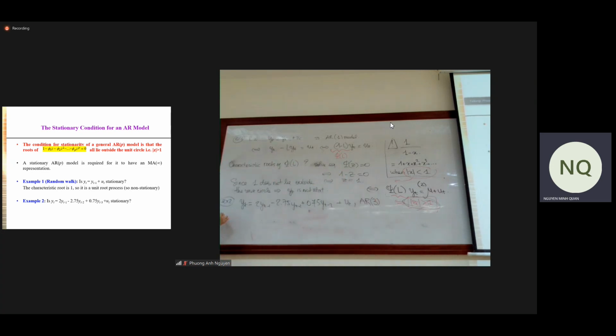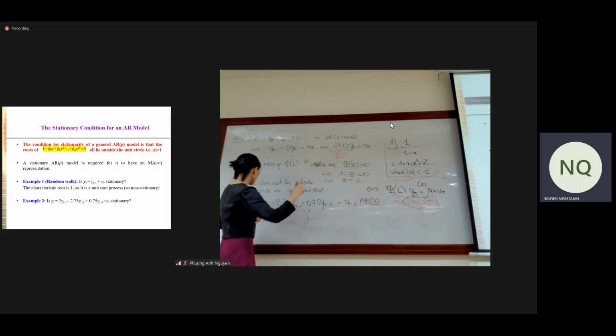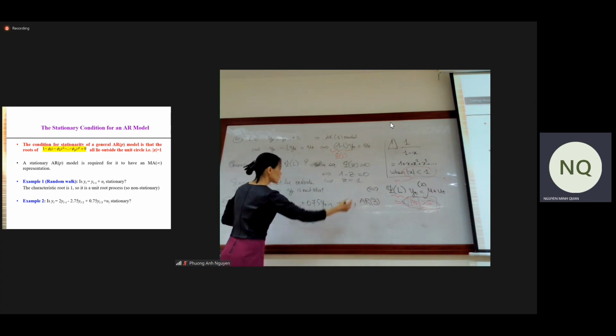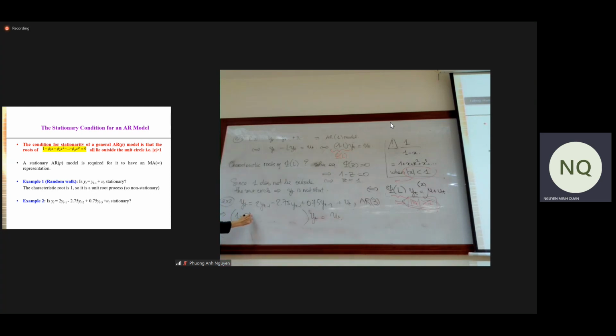Then we transform using the lag operator L. So now I move all the y_t terms to the left hand side, and on the right hand side you have u_t left. So you get 1 minus 2L plus 2.75 L squared, and so on, up to L cubed, which is equal to phi(L).